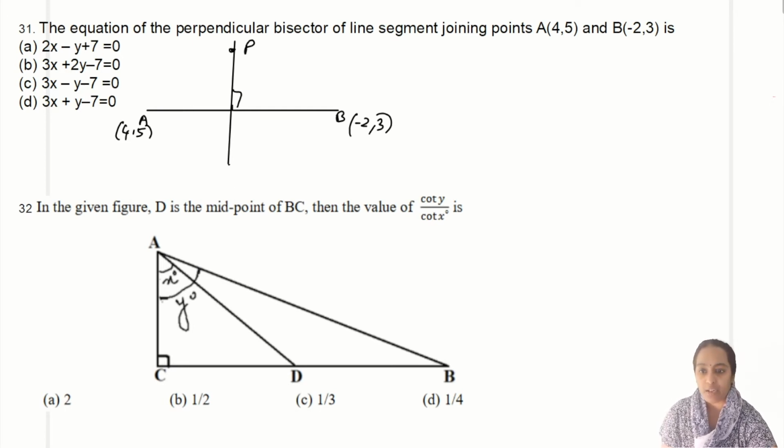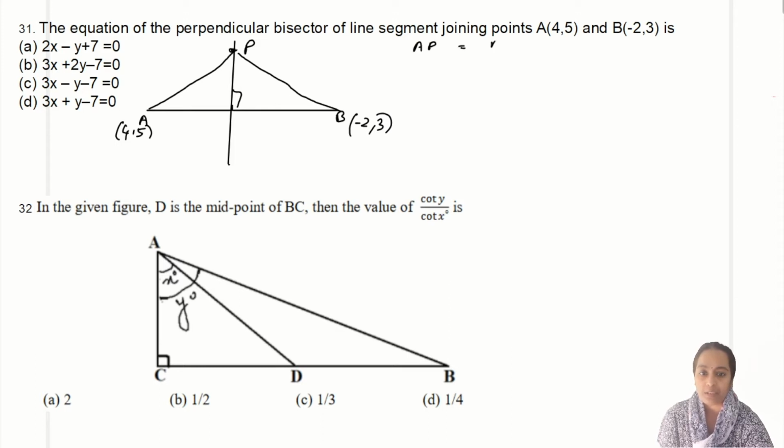If we join, then AP will definitely be equal to BP, because the line is the perpendicular bisector of the points A and B. When I join A to the point P on the perpendicular bisector, and join the point B to P, their distances, the distance AP will definitely be equal to the distance BP. So AP is equal to BP.